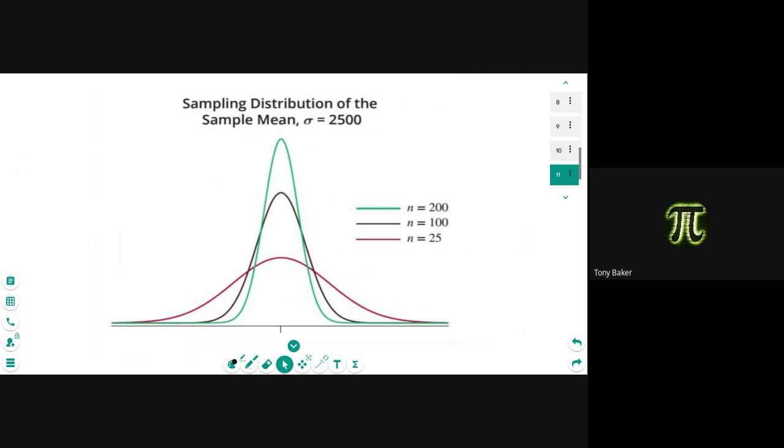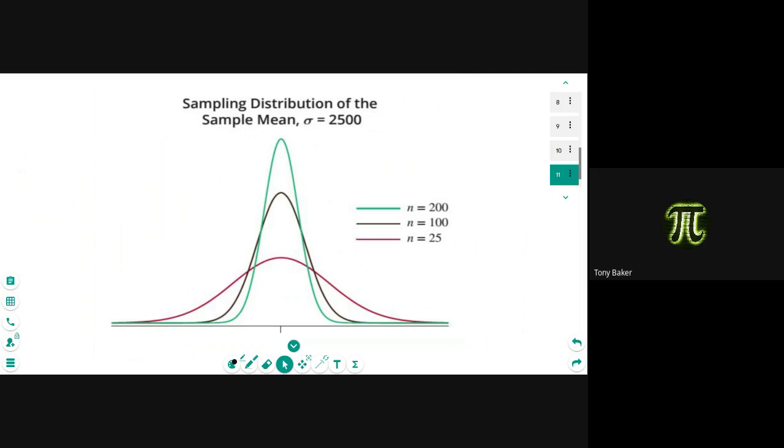So in this case, if my sample size was 25, I have the spread line. And that means I've done a whole bunch of samples that were 25, and I want to use that to determine what the main population is going to be. Well, since 25 is not that big of a number, it's kind of spread out. So I could be over here, I could be over here, I don't really know.